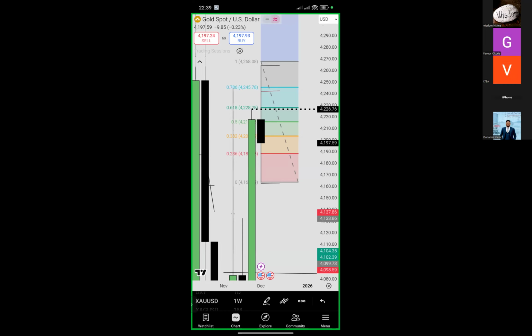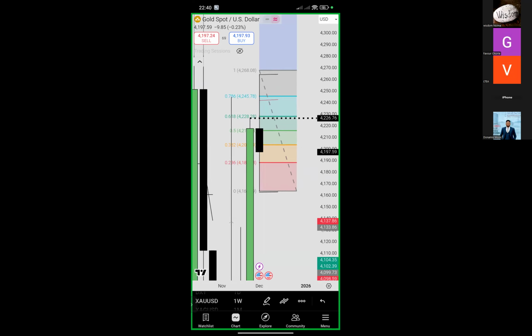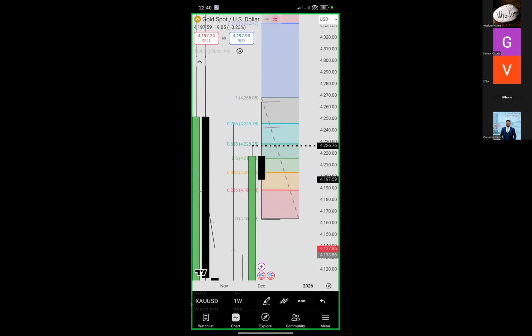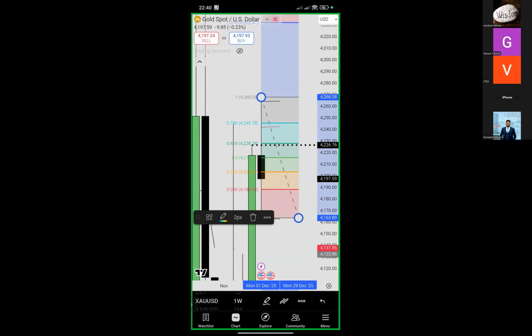Now, can you arrange your fib very well on that red black candle? Put it on top of the candle, the top side. Yeah, on top of the black candle.